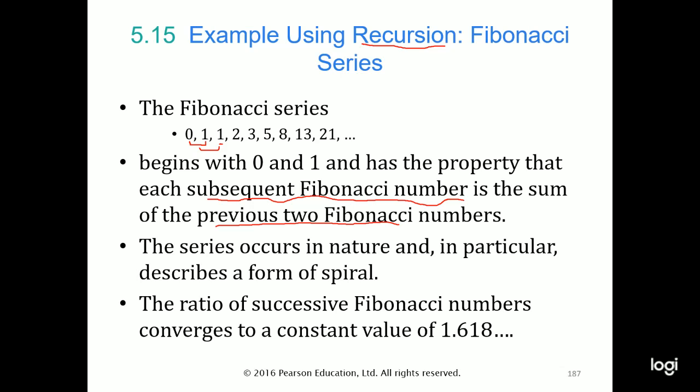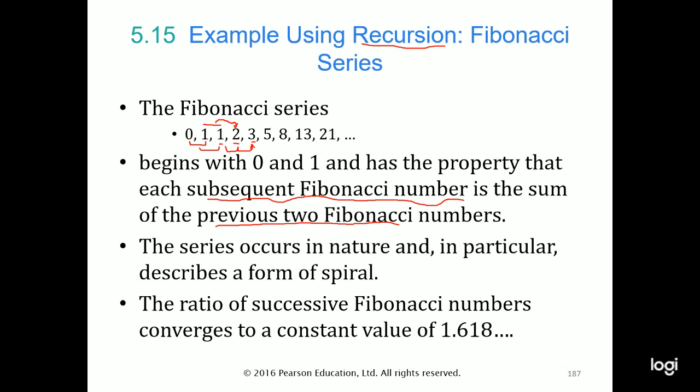If I'm looking at this particular location, then this is the sum of these two, and similarly this one is the sum of these two. So 3 is 2 plus 1, and similarly 5 is also the sum of the two numbers that precede it. That's a special property of a Fibonacci series.